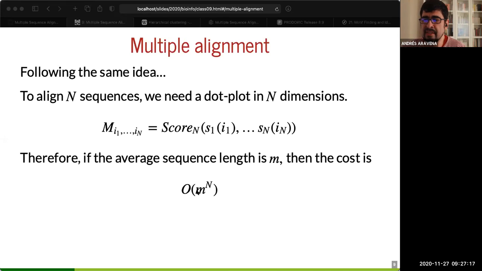So if everything is of size M, the cost will be M to the power of N, big N. Notice that I put N with a capital letter to make it different from the other n that I used before. And N here represents the number of sequences that we want to align. And the computational cost of this is M to the power of N.